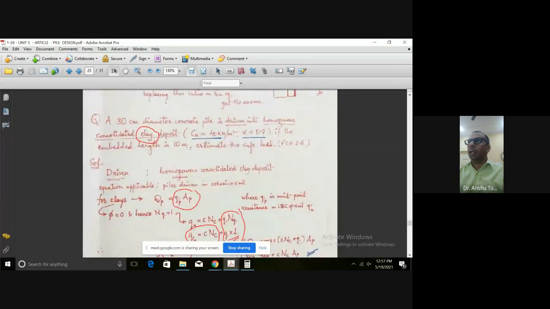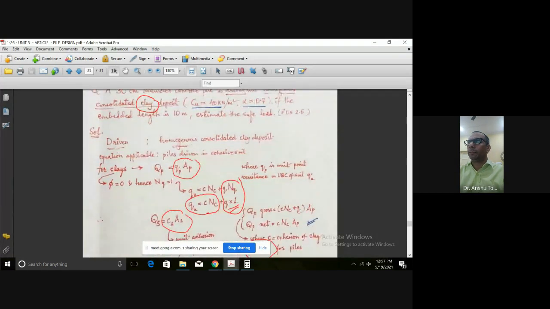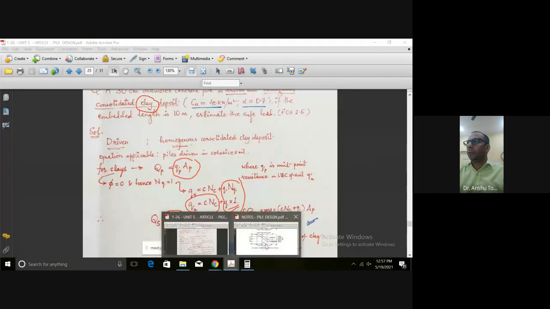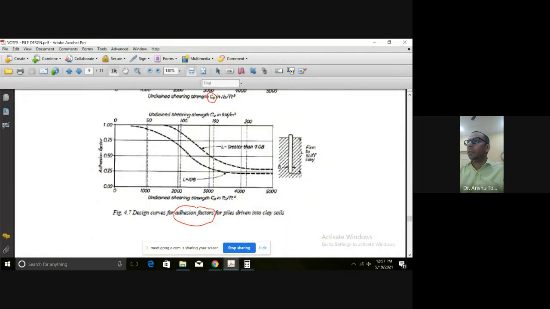In the question, it is 10 meter. That means it is greater than 40B. We can use this particular curve. So 0.7, it is going to come down to here.